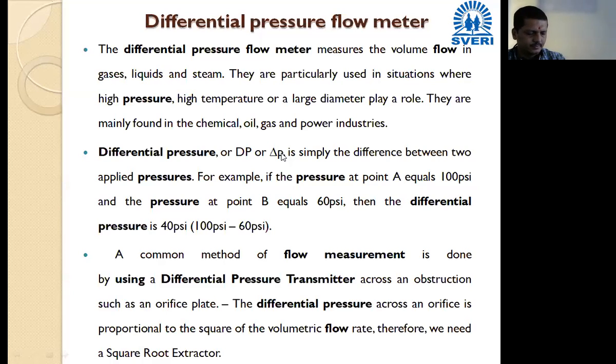For example, if pressure at point A is 100 psi and pressure at point B is 60 psi, then the differential pressure is 40 psi. Full stop and next line.